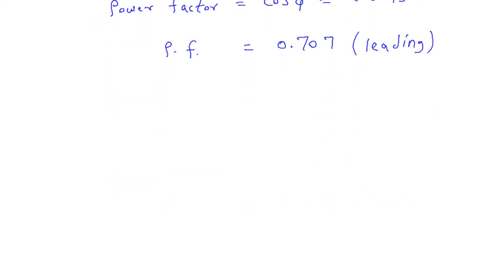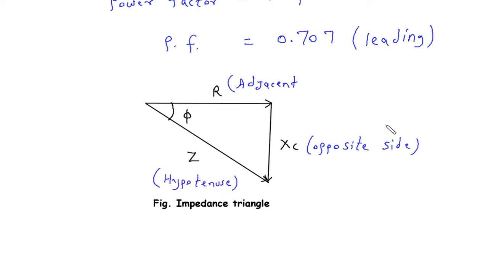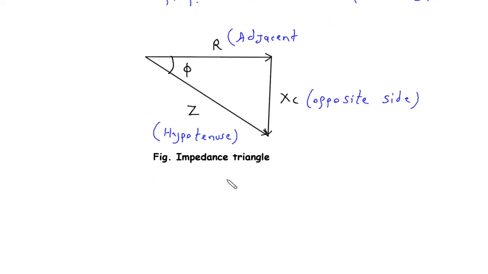Then we have the impedance triangle. From the impedance triangle, this is the opposite side, this is the adjacent side, and this is the hypotenuse. Now we have the formula sine phi is equal to opposite side upon hypotenuse.